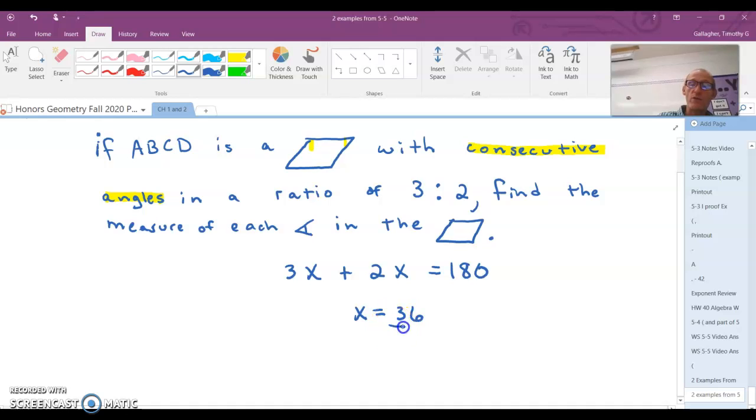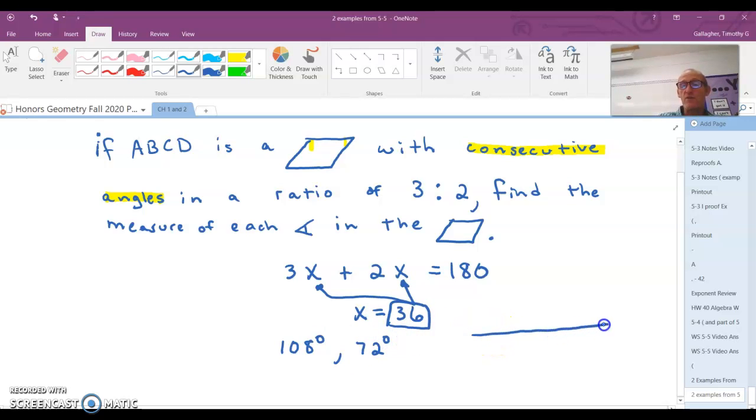Now, you substitute that x back into each one of these two x's, and 3 times 36 is 108, and 2 times 36 is 72.